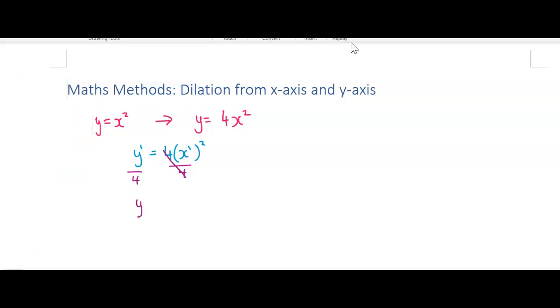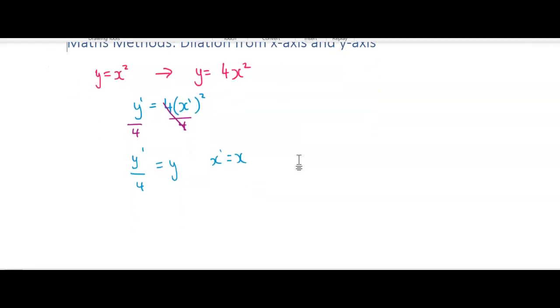So we've got y dash over 4, let's just rub that out because I like to be consistent. And our x doesn't change, so it's just going to say x equals x dash. So no changes on our x, but our y dash over 4 is equal to y.